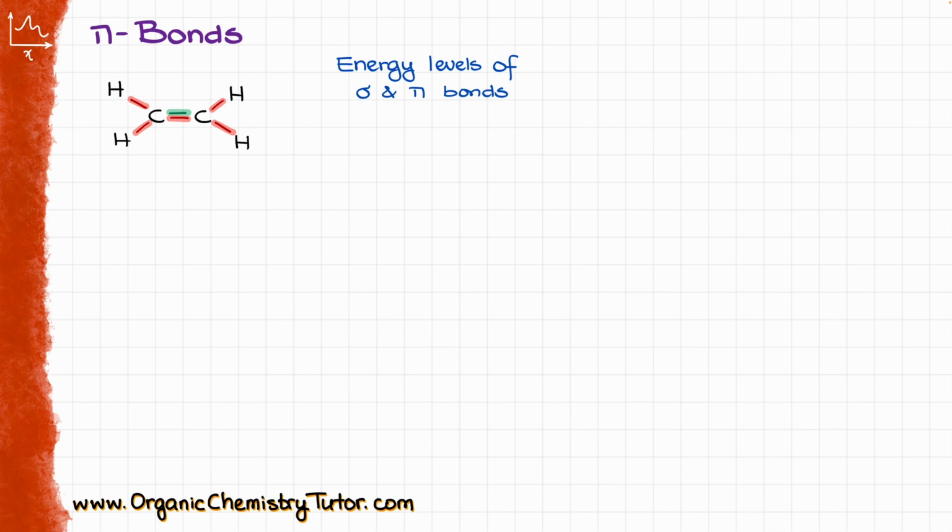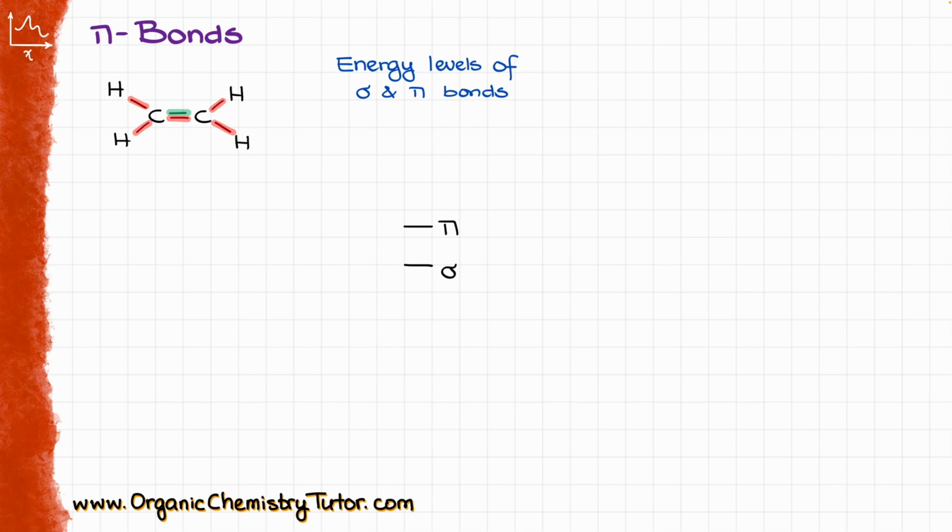And when it comes to the overall energy of the sigma versus pi bonds, typically the sigma bonding orbitals are going to be the lowest orbitals in our molecule. Then we are going to have the pi bonding orbitals. So the pi electrons are always going to be above sigma electrons energy-wise.